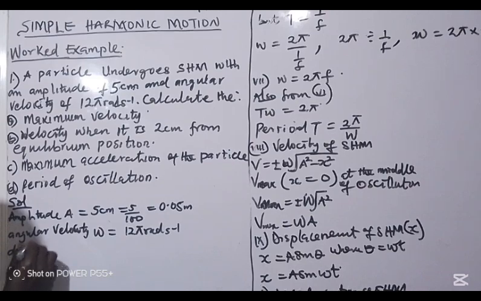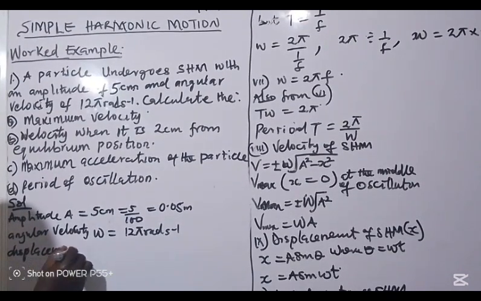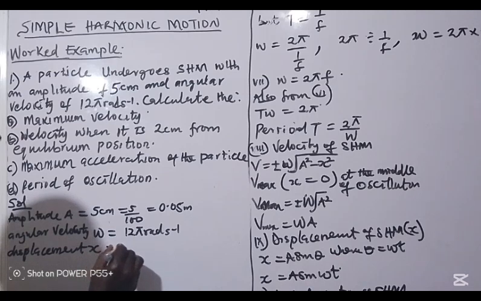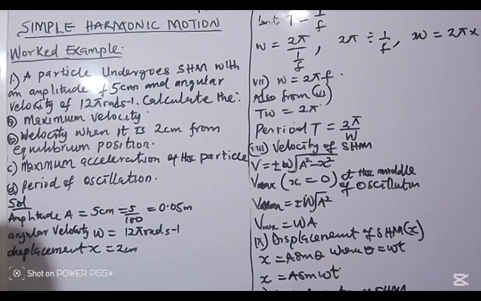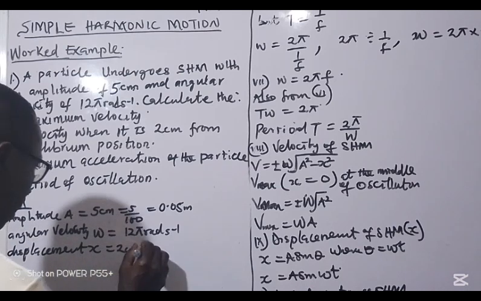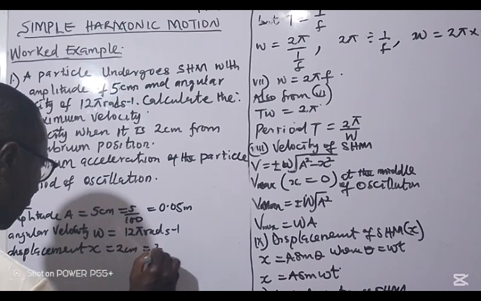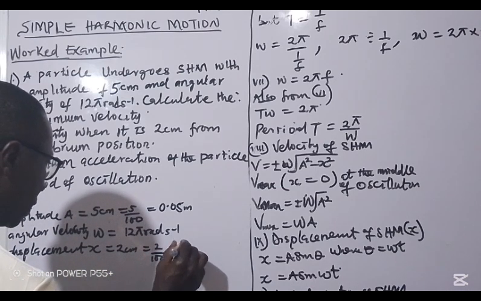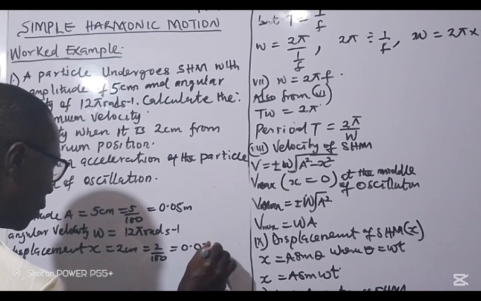Displacement s is given as 2 centimeters. Because of this, again, let's convert it to meters. That will give us 2 divided by 100, which is 0.02 meter.